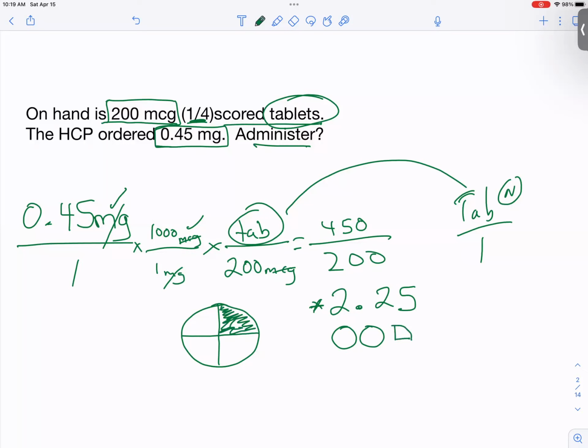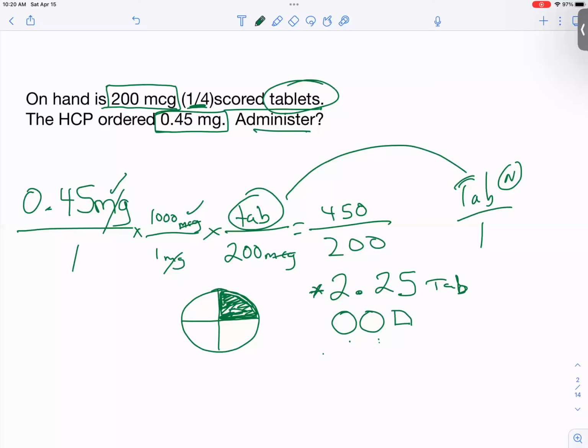And that's what I will actually give my patient. 2 whole tablets and a quarter of a tablet. 2.25 tablets. Okay? Does that make sense now? And you found your error. You forgot the 5 at the end of a point. That's a big error. That's why I say check your math. Yes. So you can give 2.25 because your tablet can be broken into quarters because it is scored.